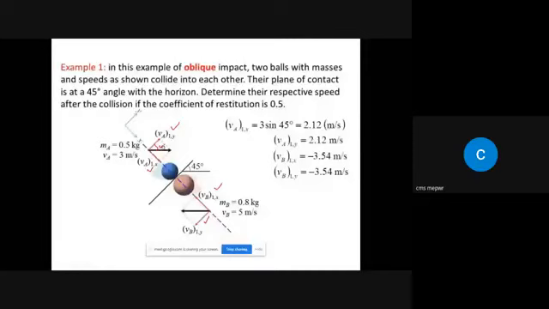So VA1x equals VA sine 45, and VA is 3, so 3 sine 45. From here you can find the value of VA1x. Similarly, you can find VA1y, VB1x, and VB1y.